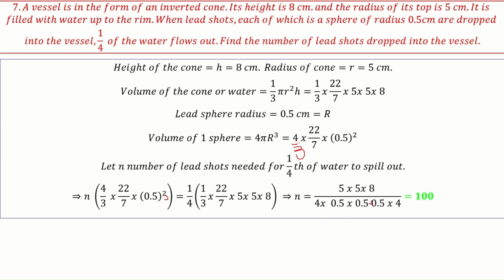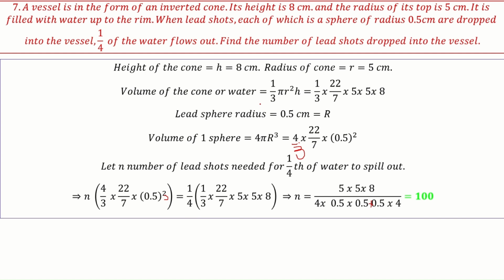Which is equal to one fourth of the water spilled out, so one fourth of 1 by 3 into 22 by 7 into 5 into 5 into 8. So n you will get 100. The squares and cubes are wrong somehow, but the calculation is correct. It's 100.